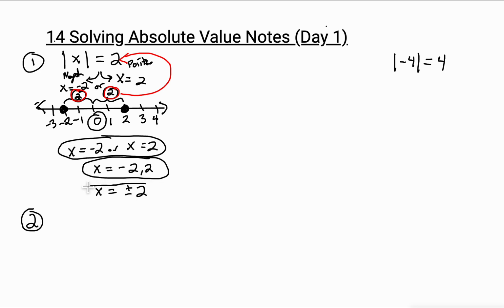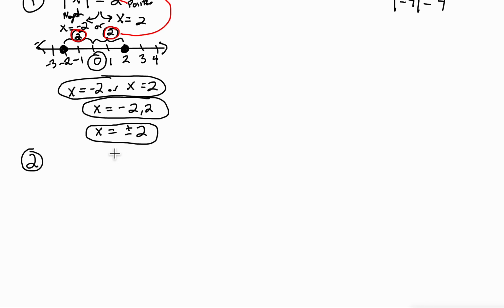If you only see one answer here, you might want to back up and use the -2, 2, because this is our first time seeing 2 solutions to an equation. Before this, we've only had one solution to each equation, but now we have 2 because it's an absolute value.